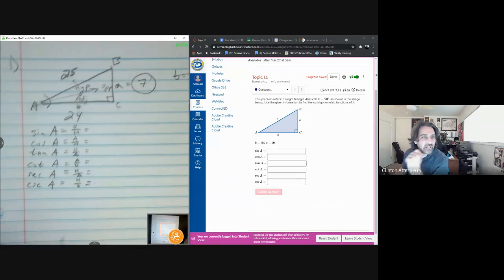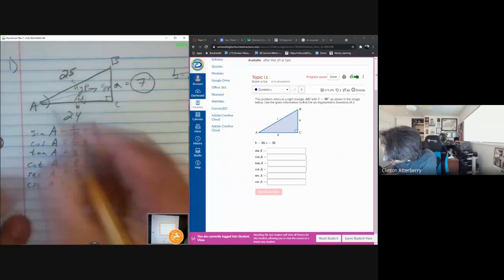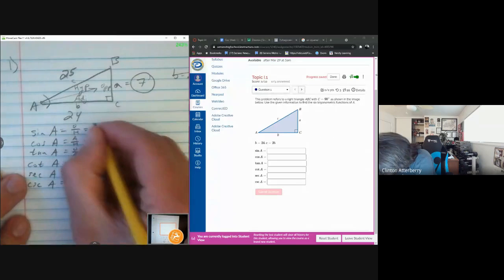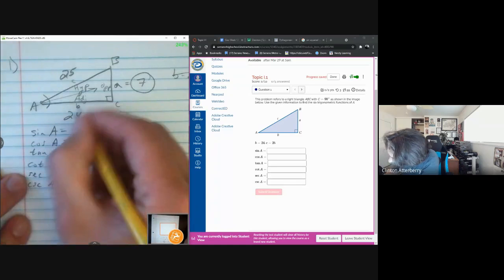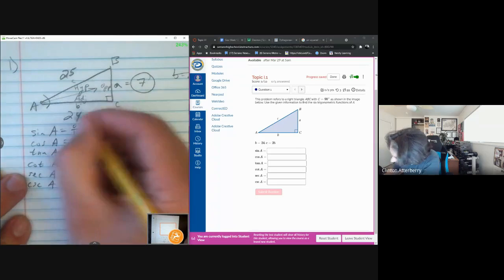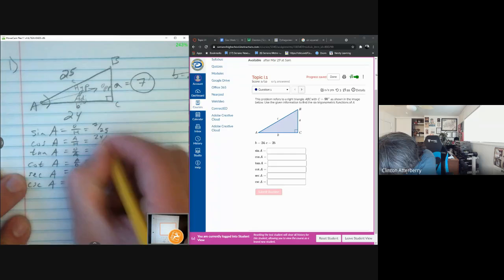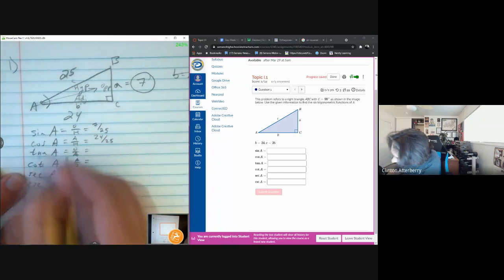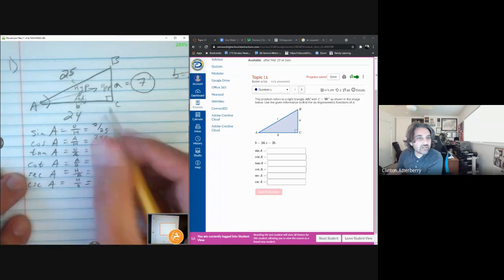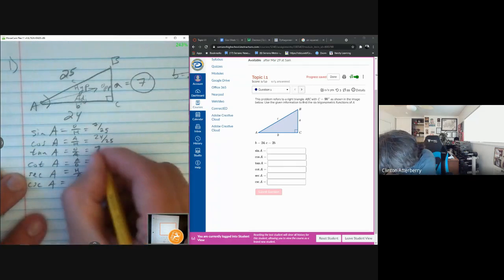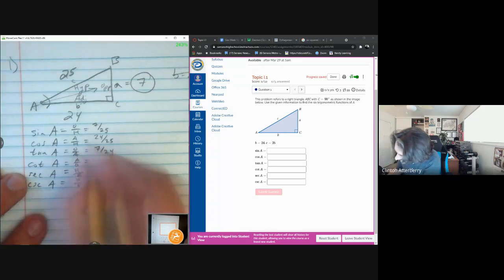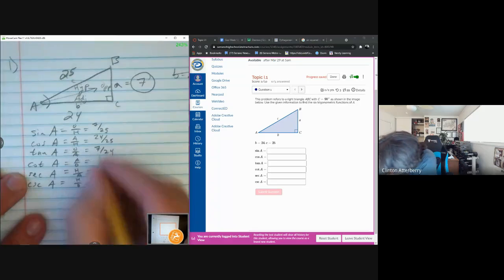So it says opposite over hypotenuse, so sine of A is going to be 7 over 25. Cosine is adjacent over hypotenuse, so 24 over 25. Tangent is opposite over adjacent, so it's 7 over 24. And then I would just keep going down this. Cotangent's just that upside down. Secant is the cosine, but upside down.